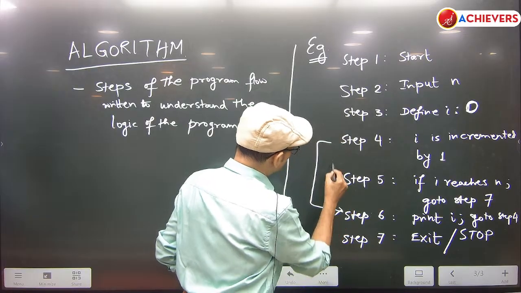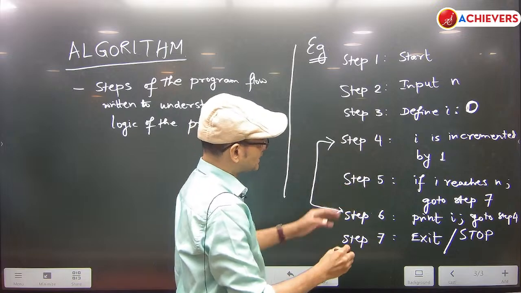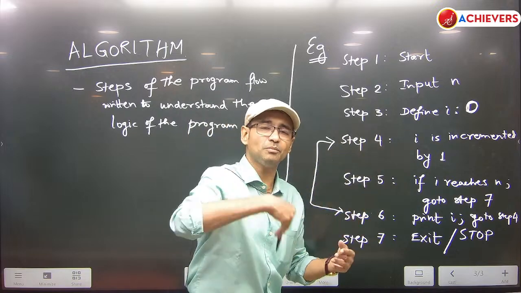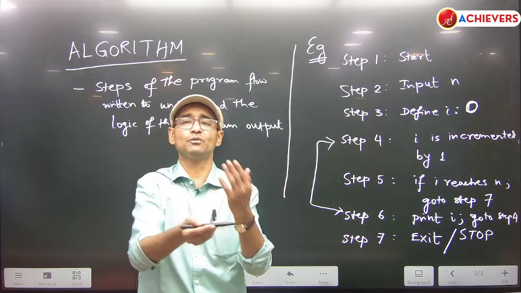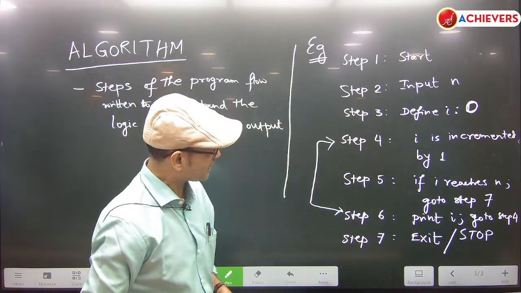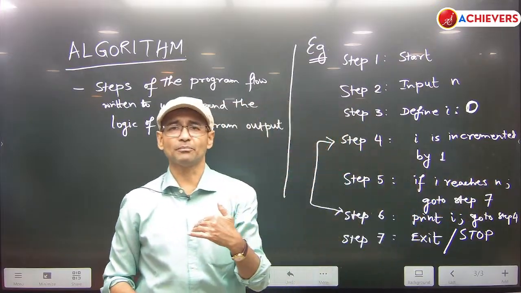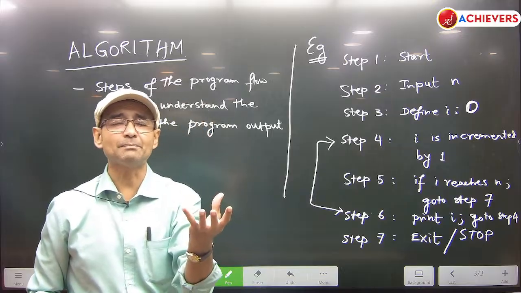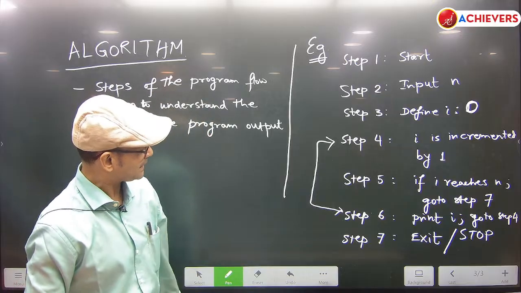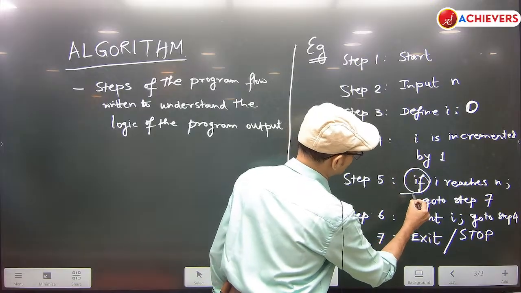This particular concept is known as a looping structure. So this is the loop structure that we will be continuing until and unless we are exiting from the loop by an exit condition. So what is the exit condition? When I is reaching n, we are exiting from the loop. So that type of concept is known as a loop, and this if is considered as a conditional statement.